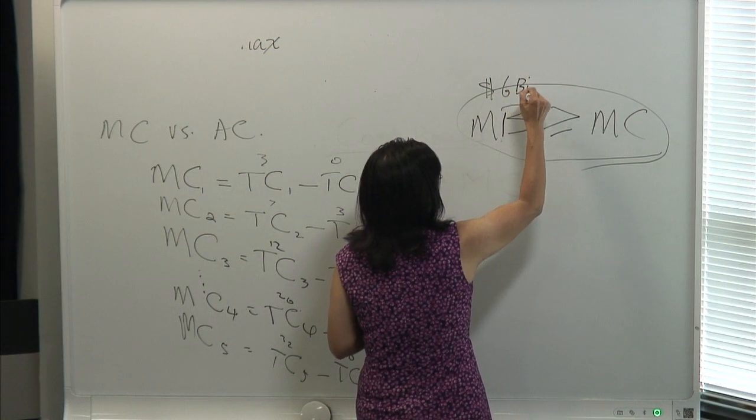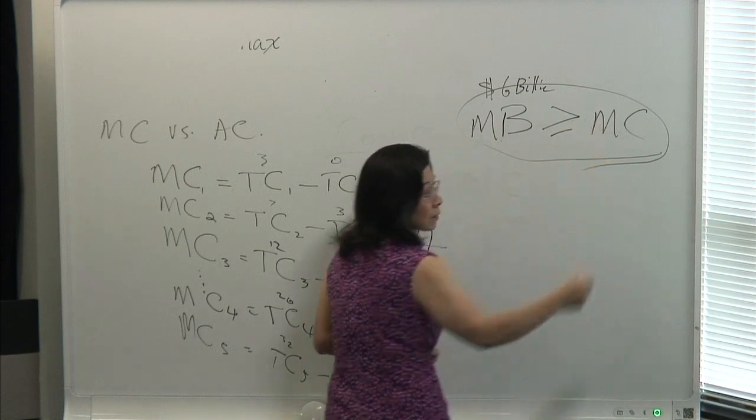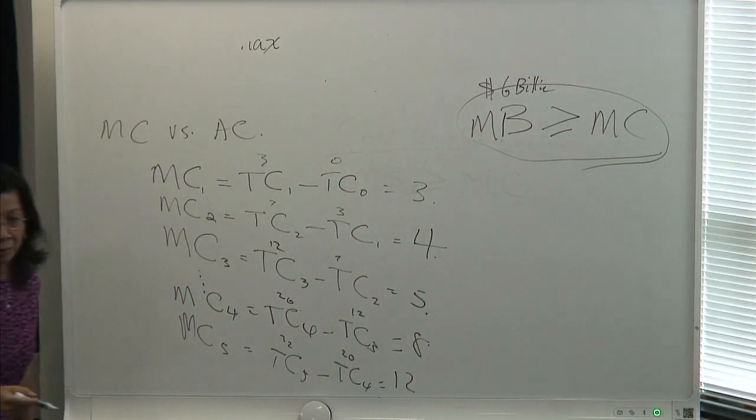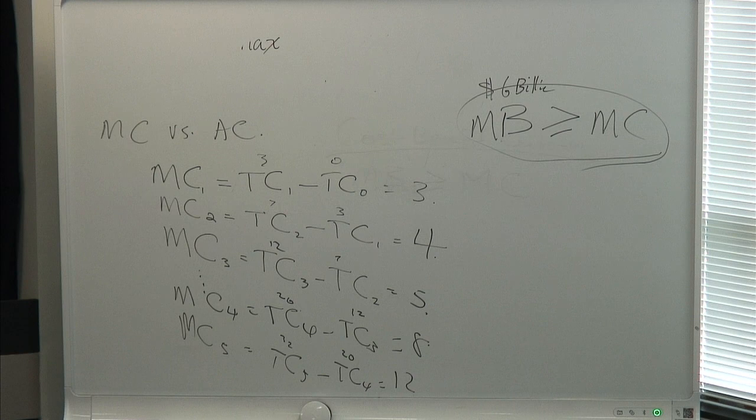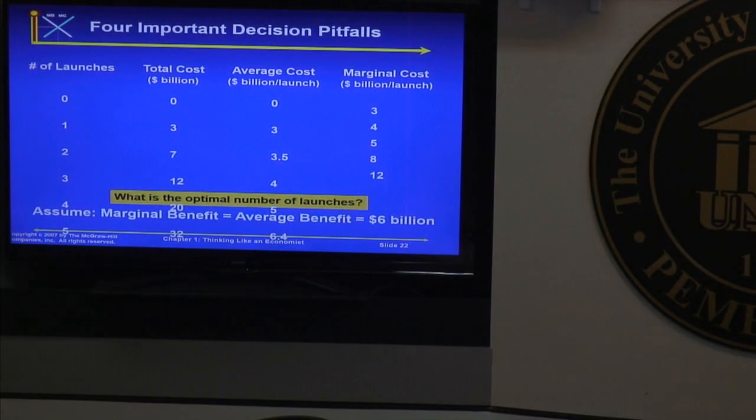Now we are going to decide using the marginal cost. So let's apply it. For the first unit, the marginal benefit is greater than the marginal cost, right? Does it fulfill that equation? Yes. What about the second one? Yes, because 6 is greater than 4. What about the next one, 5? That's okay. 6 is greater than 5. What about the next one? We're not okay. So where do you stop?